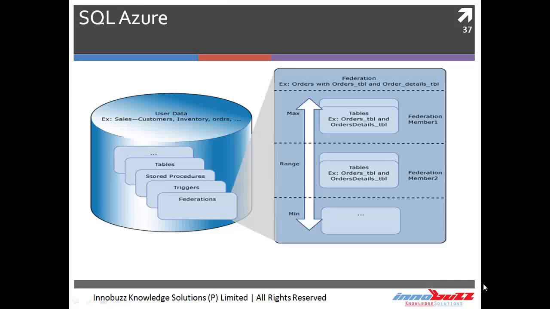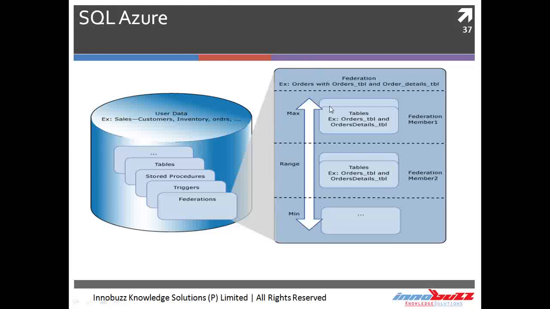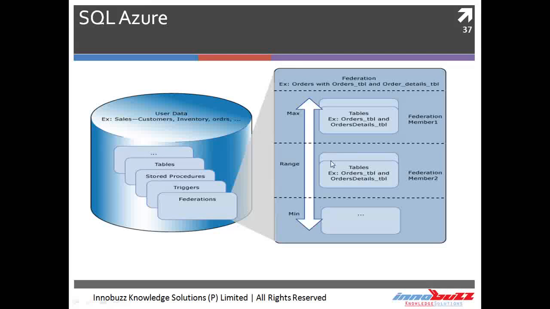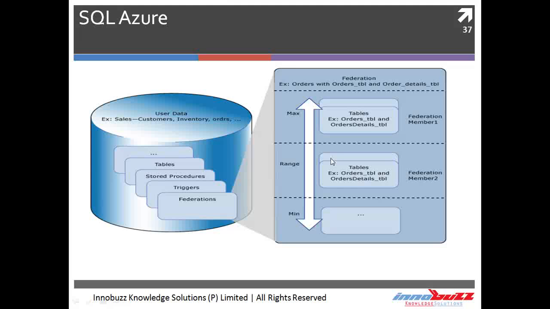What the federation is, you can see over here, it is an orders table and an order detail table, with a lot of tables inside that. So that's how a federation is.